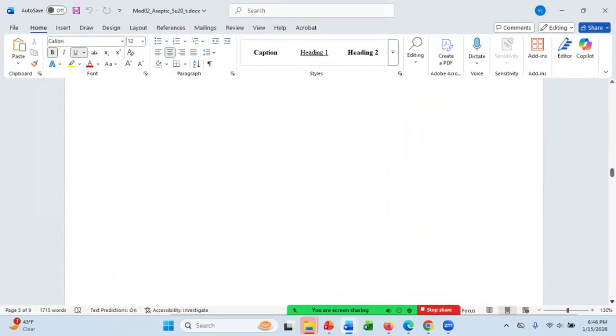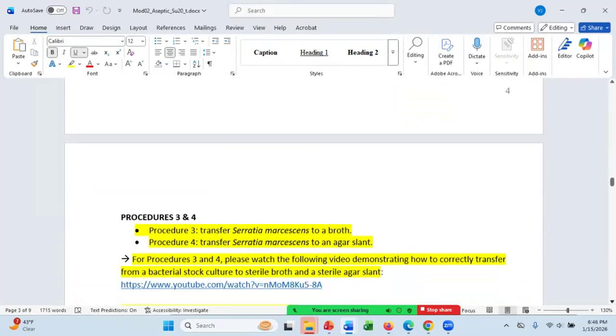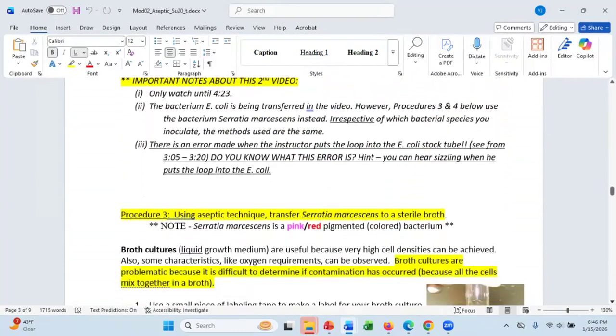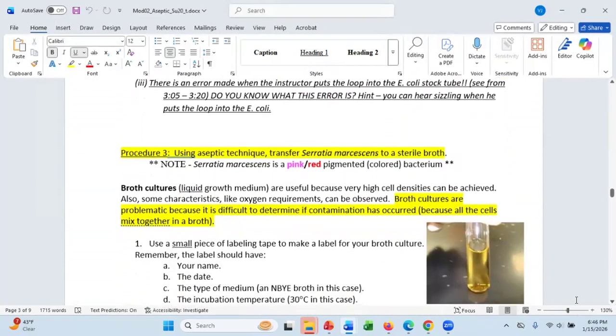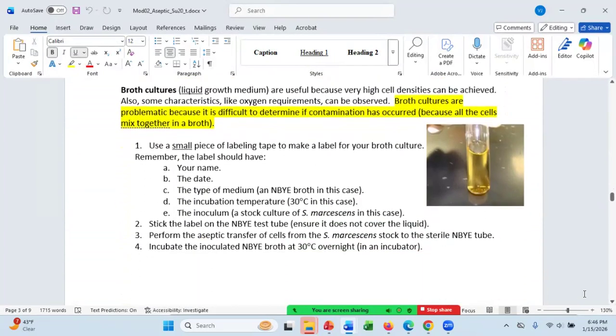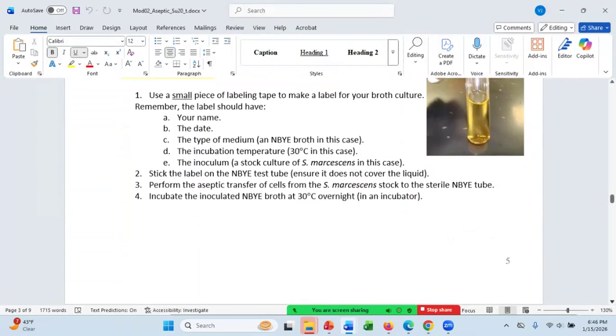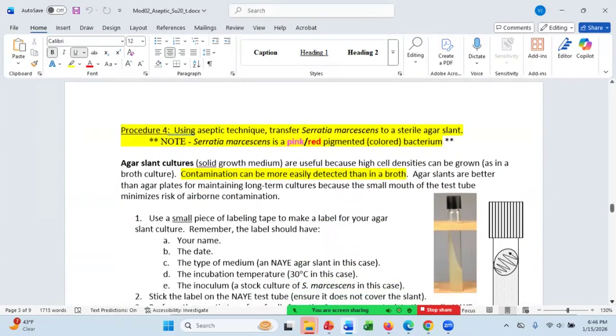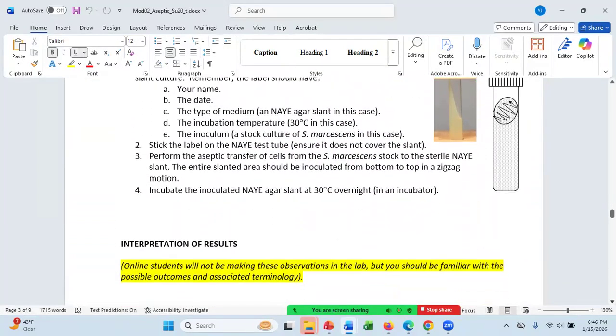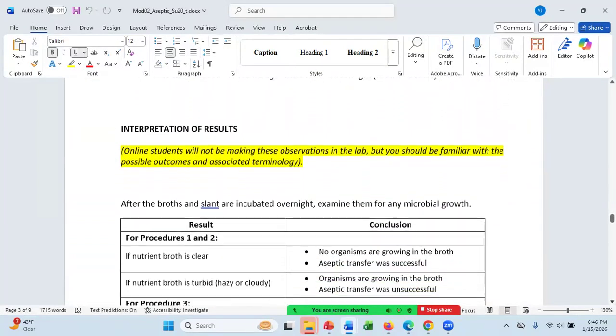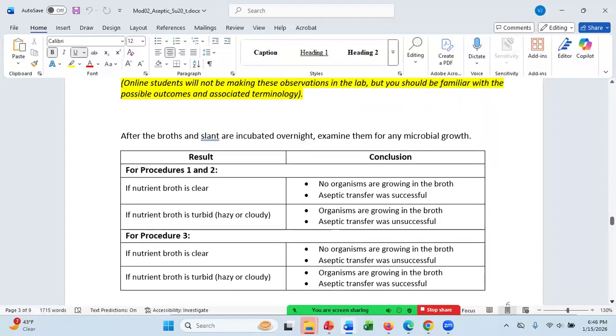So you transfer 1 ml of sterile water into a tube, and there's the tube we're putting it in beforehand. And then you take that tube and you incubate it. And then you take a look at the results after, I think it's a day of incubation.